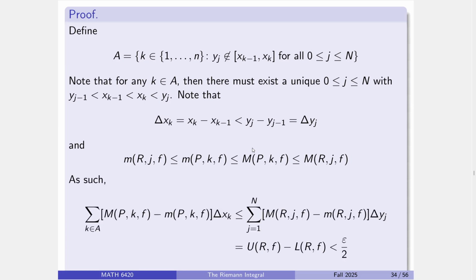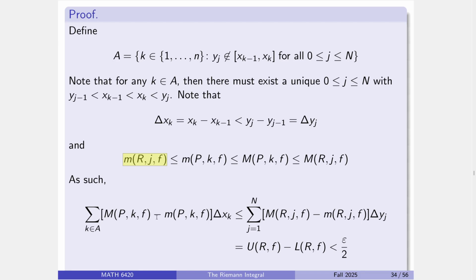All right, and then from there, if we were to look at the sum of the differences of these things, note that all of these are bounded by the sup and the inf from the partition R, which was the original one.